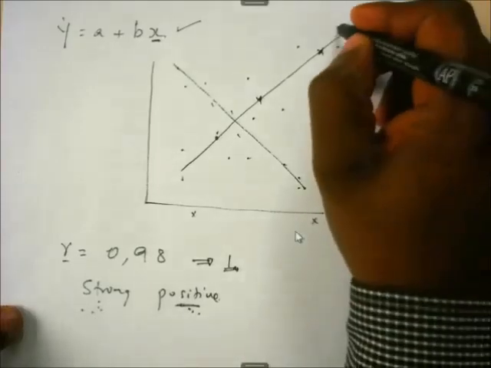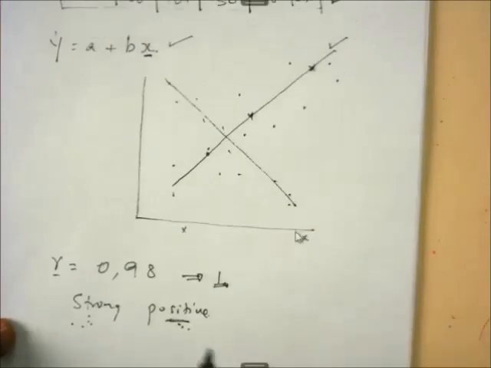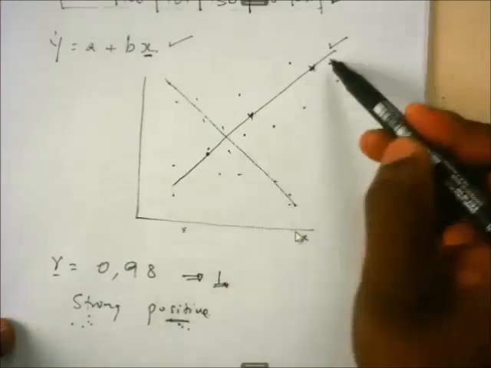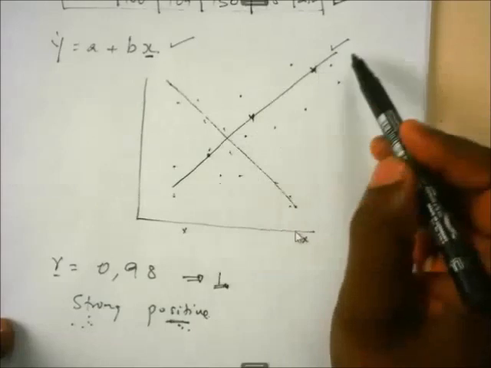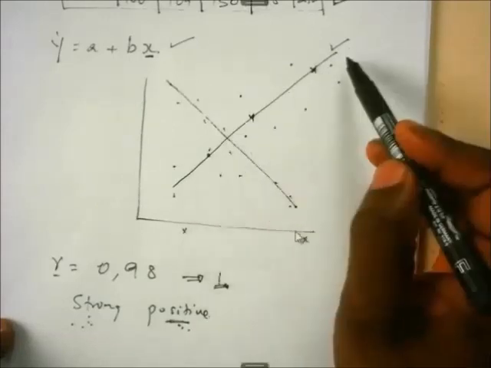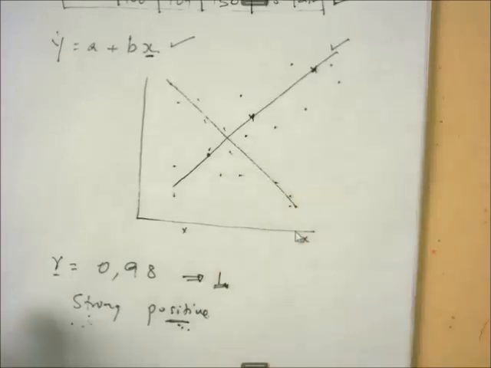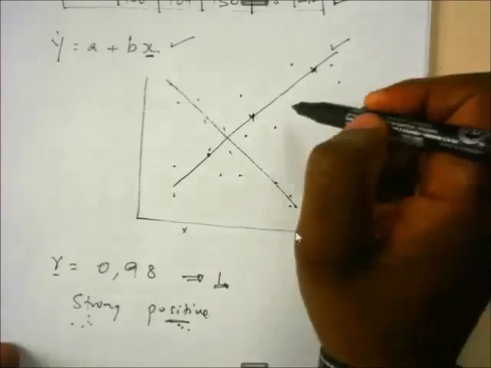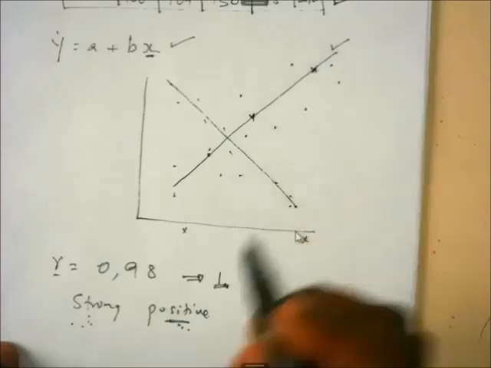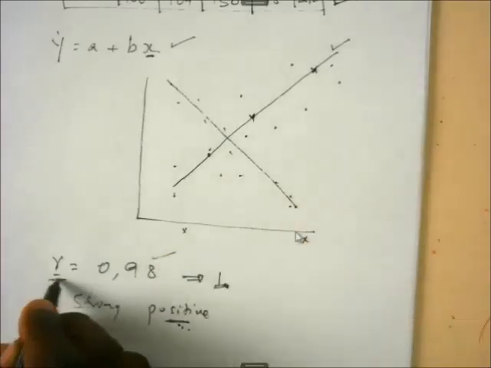The association is very, very strong because the points are very close to the line, but that is determined by the value of R.